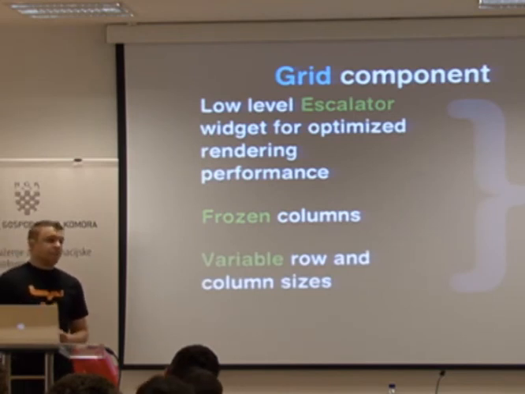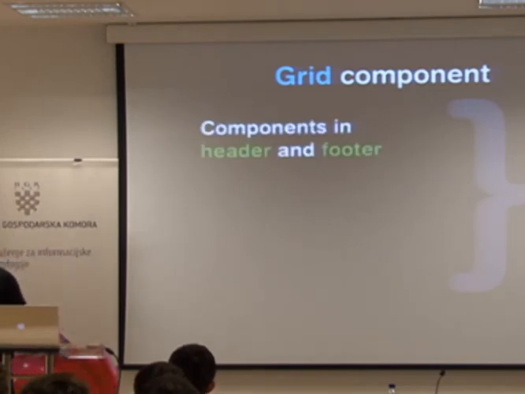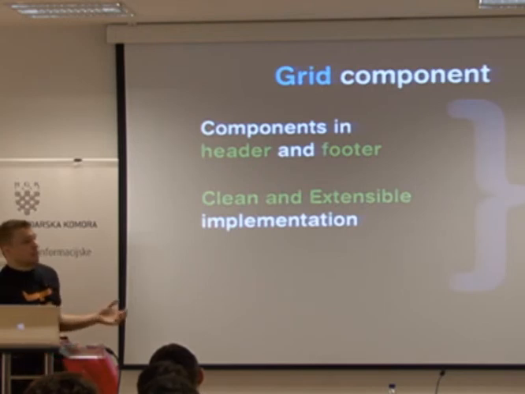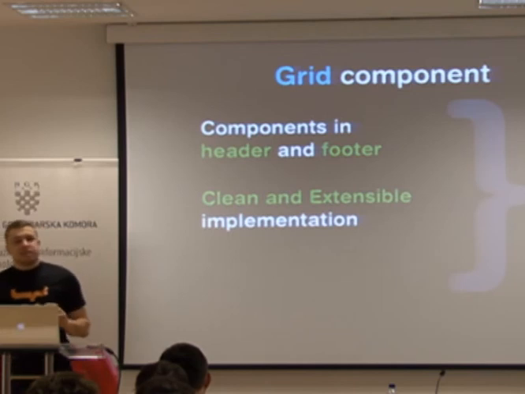Then there are smaller features, but still very much requested, for example, frozen columns and variable sizes for row and column sizes of the table component. Then you can have components in headers and footers as well, and of course the new implementation is very clean and extensible.